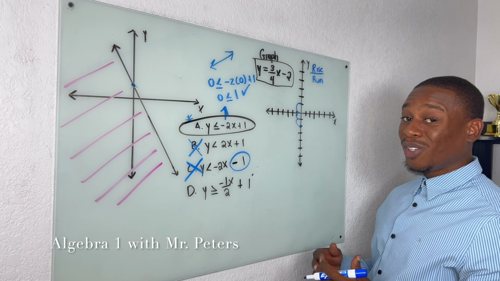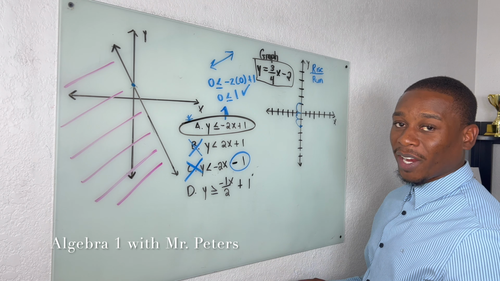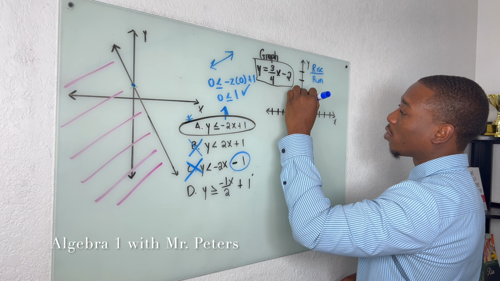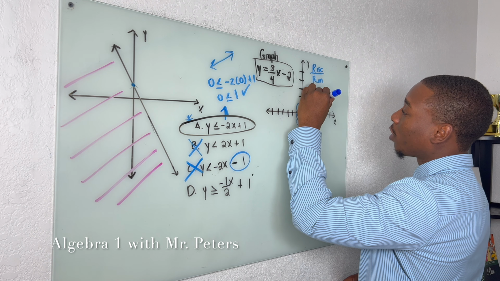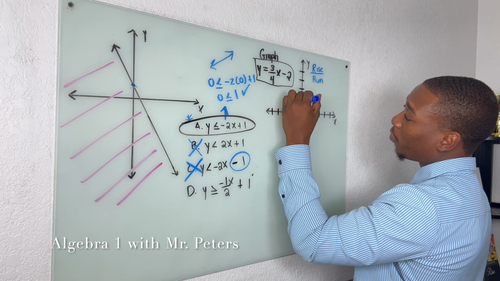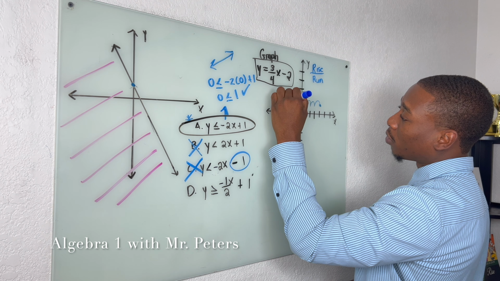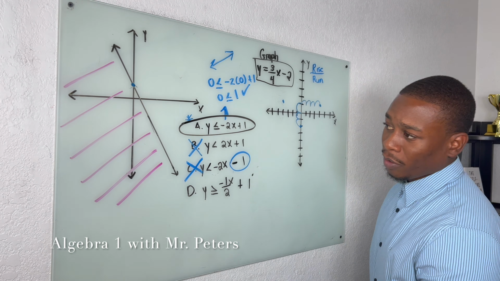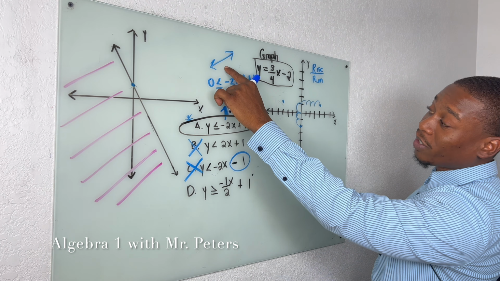Now a lot of students don't know which way to go, left or right. Got a trick for you. Go both ways. So let's go to the right first. 1, 2, 3, 4. So here goes my second point. And if I'm confused and I go to the left, here goes my third point. Now remember, this is a negative slope, this is a positive slope.